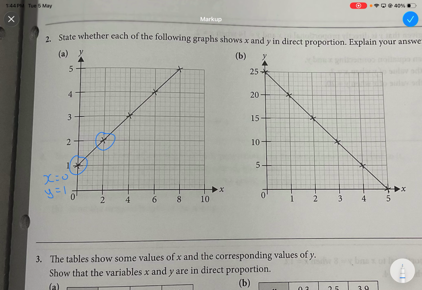At this point here, my x is 2, my y is 2. Okay? So they are not in direct proportion. 0 is 1, then becomes 2. I multiply by 2, this one should become 0 also. X multiplied by 2 is still 0. So they are not in direct proportion.